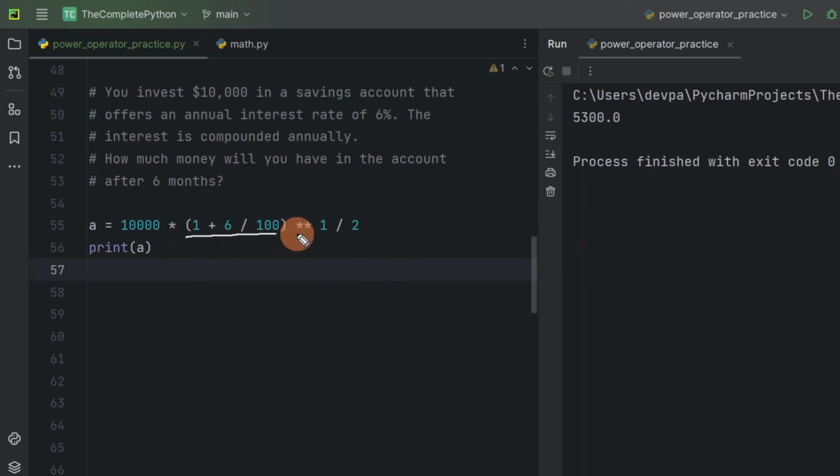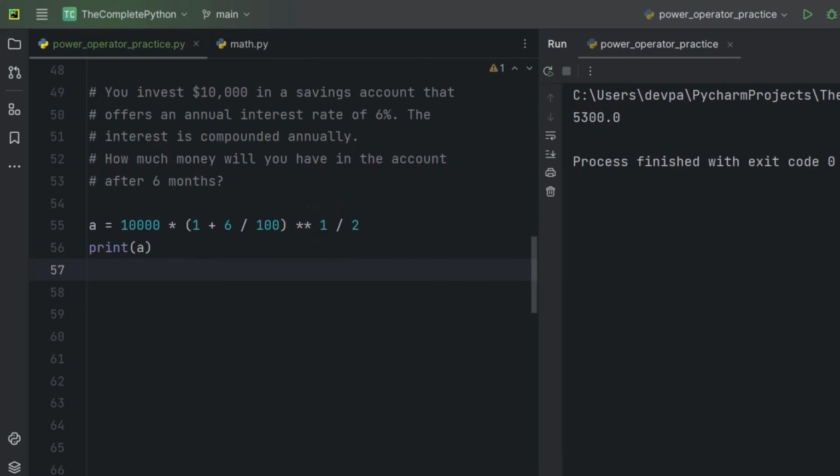Next, Python will perform power operation. Now remember, here we have power operation as well as division. But since power operator has more precedence than this division, the result of this expression power 1 will be calculated, and this is incorrect because we want to calculate the whole power 1 by 2, not 1.